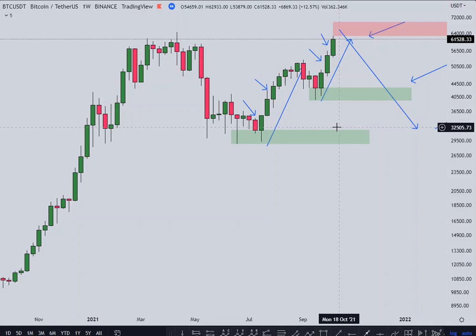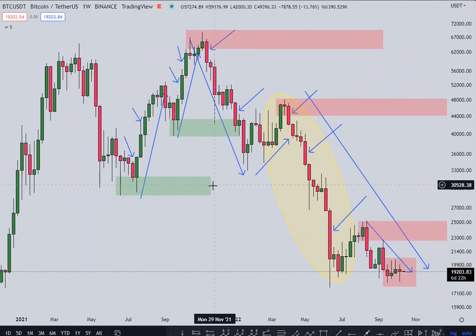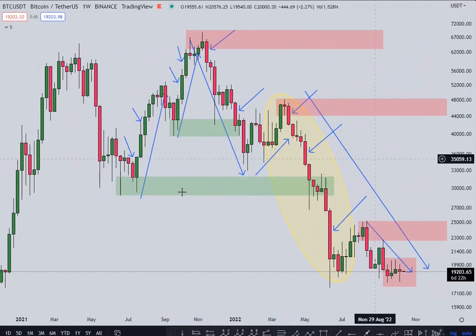But why are we looking for supply and demand zones? When you identify these supply and demand zones, then in the future of the market, when the price approaches these levels, you can see how the price shows reaction.